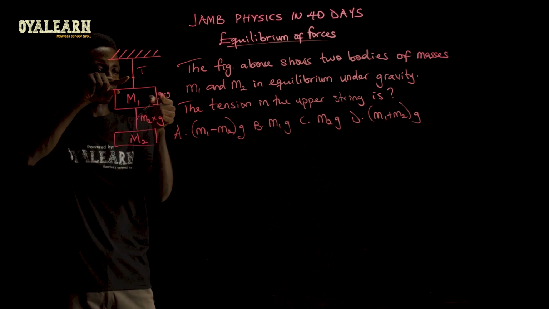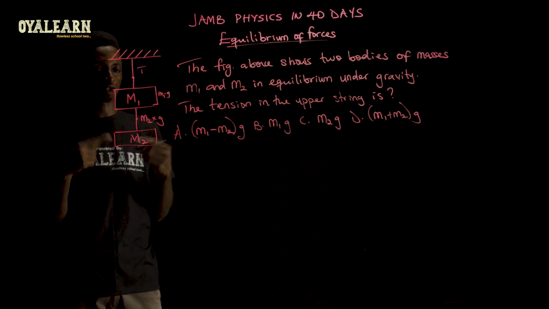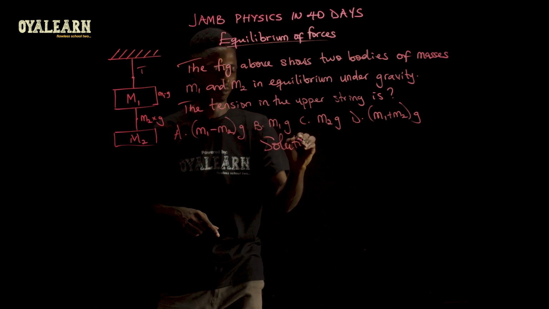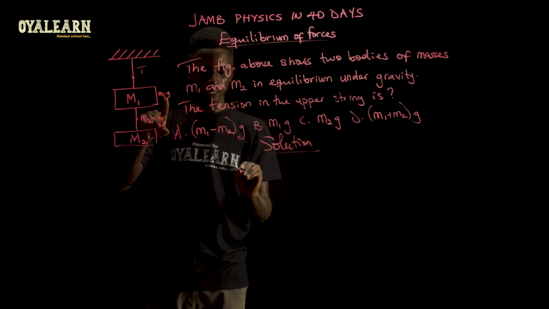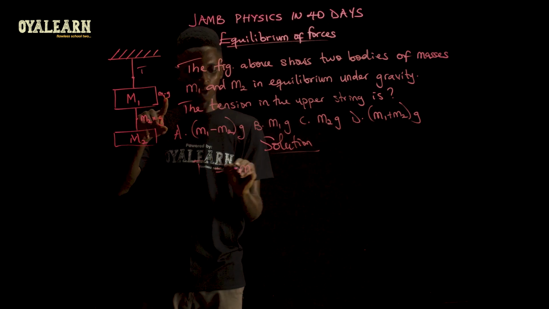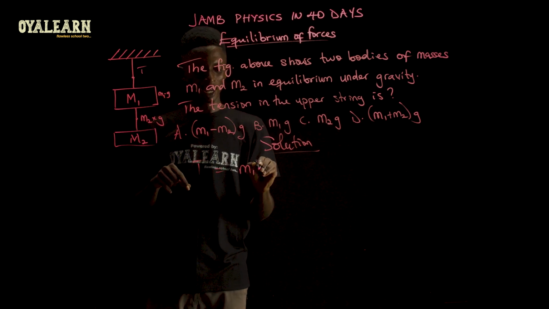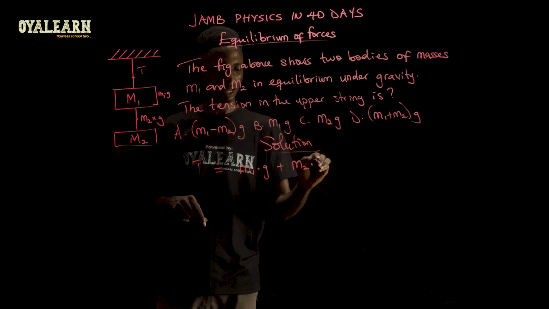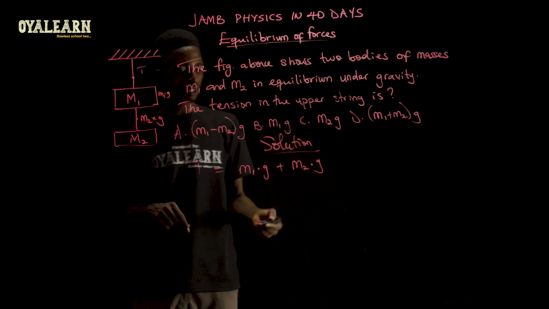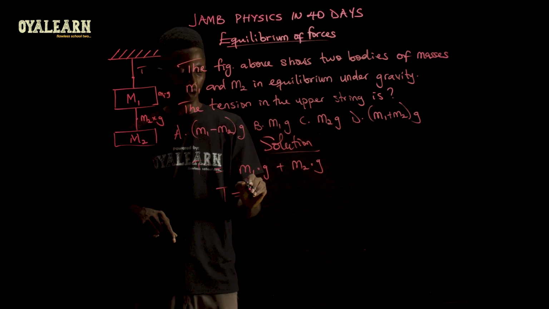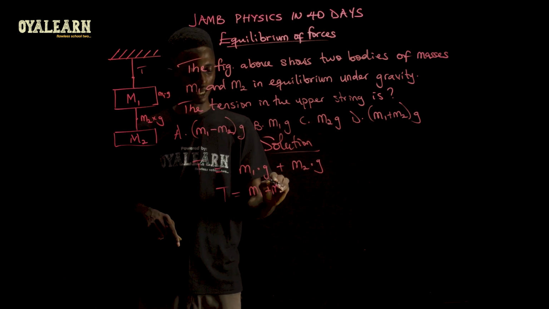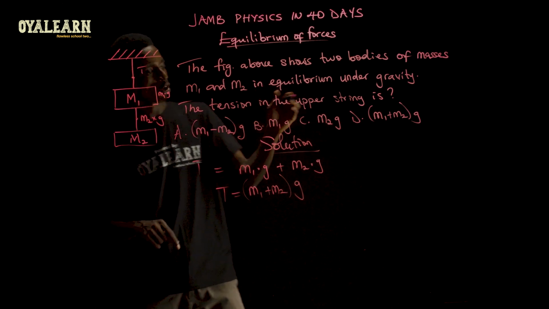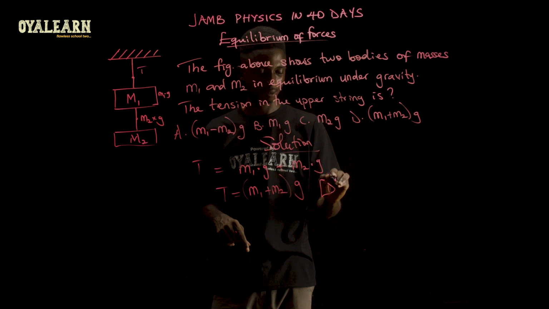So at this point, we have the sum of these two. Solution: T equals m1 multiplied by g plus m2 multiplied by g. Now, they both have g in common, so T is therefore m1 plus m2 all multiplied by g. So the correct option is option D.